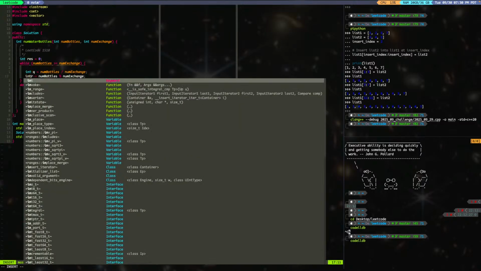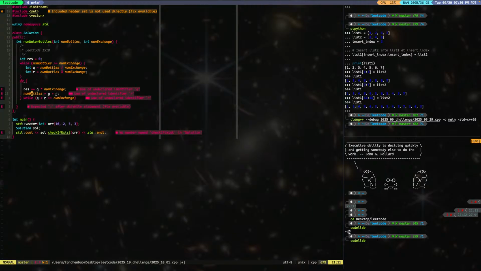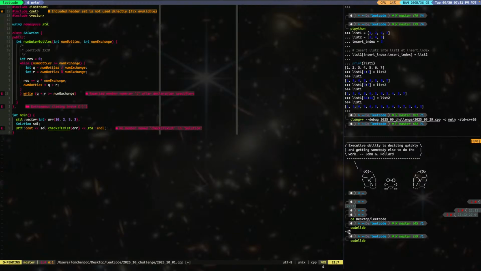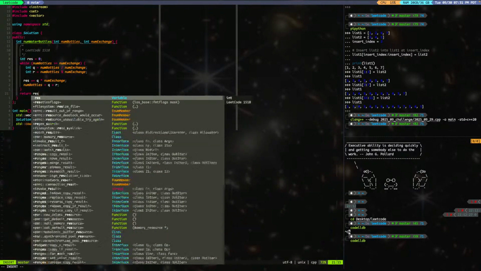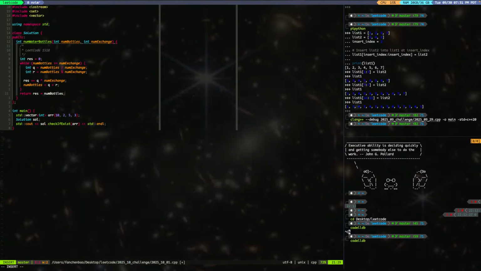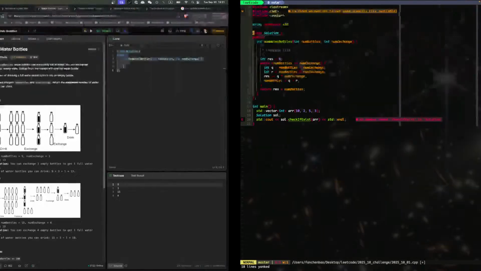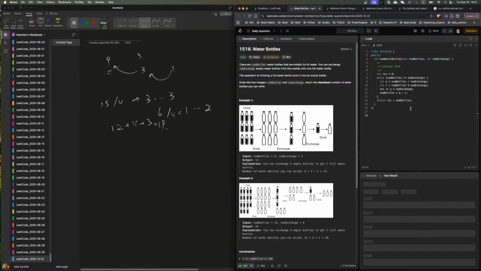We'll do this, and then we'll do this, and then I'll return rest plus num bottles. I feel like, I don't know, maybe there is an easier way, but it shall do.